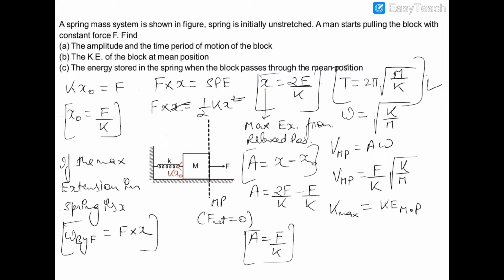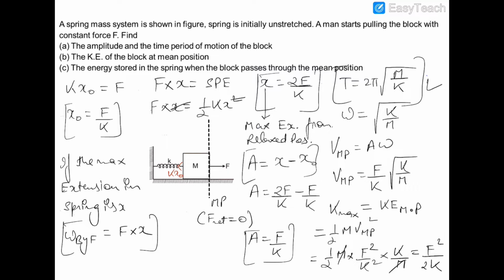So the maximum kinetic energy is equal to the kinetic energy at the mean position, which is equal to half m v mean position square. So this is half m into F square by k square into k by m. Cancelling m with m, this is equal to F square by 2k. This is the maximum kinetic energy of the block at the mean position.